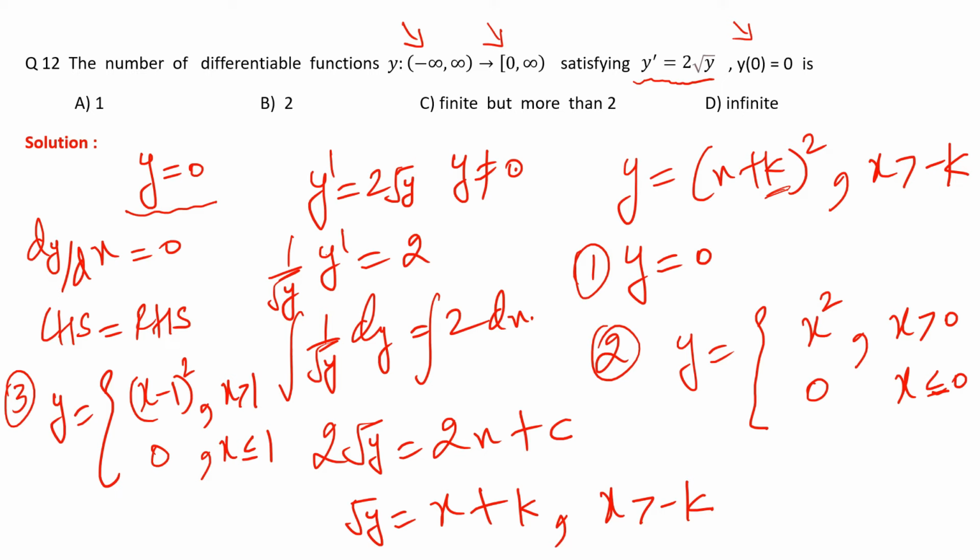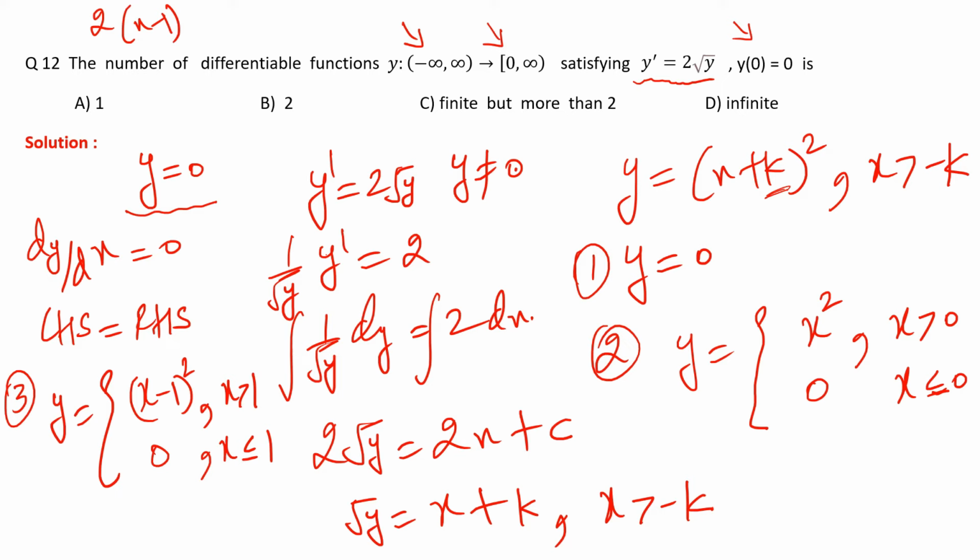Again, x minus 1 whole square is a polynomial function, so it is going to be differentiable. Its right hand derivative at x equal to 1 is going to be 2 times x minus 1. When you put x as 1 in this, again it becomes 0, and LHD is also 0. So that means this is differentiable at x equal to 1.